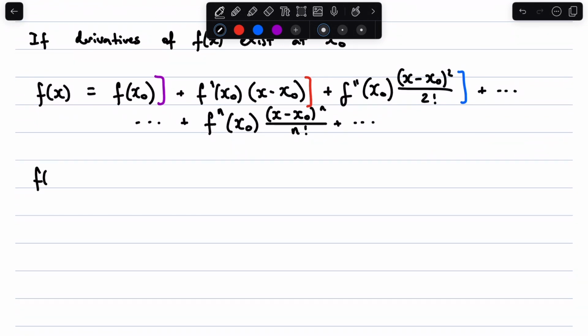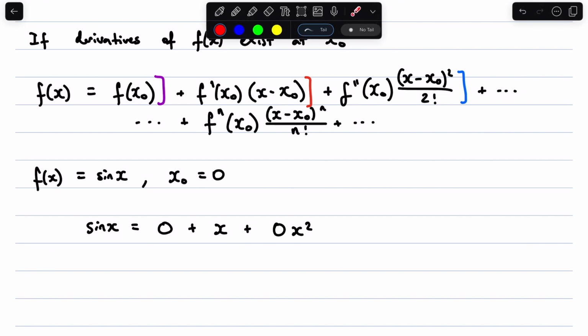So if our f of x was sine x, and we wanted to expand this around the point x0 equaling 0, then we could write that sine x equals, well, f of x0, so sine of 0 is 0, plus x for f prime is going to be cos, and then cos of 0 is 1, and then you have x minus 0, so it'll be x minus 0, so that's x, plus 0 lots of x squared, because it will go back to minus sine for this term here.